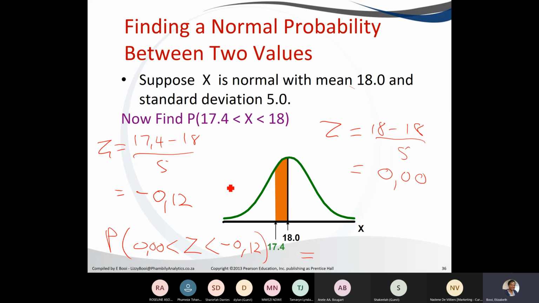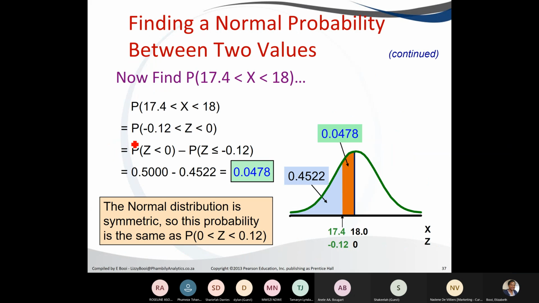Now it means we need to find the probability that Z is less than 0 minus the probability that Z is less than minus 0.12. So when you go to the table and find the probability of Z is 0, it's 0.5.